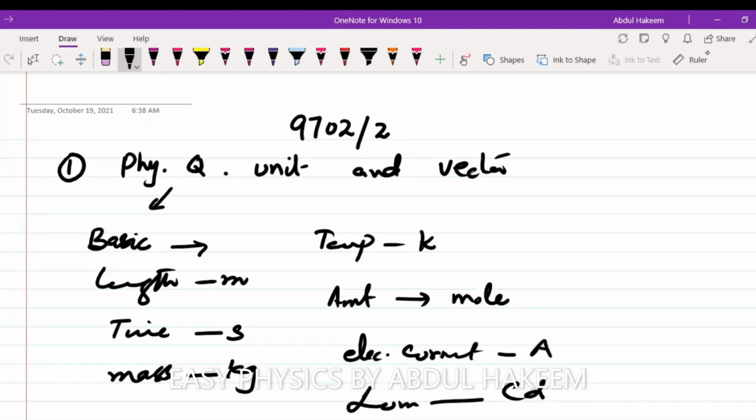So these are 7 basic physical quantities.